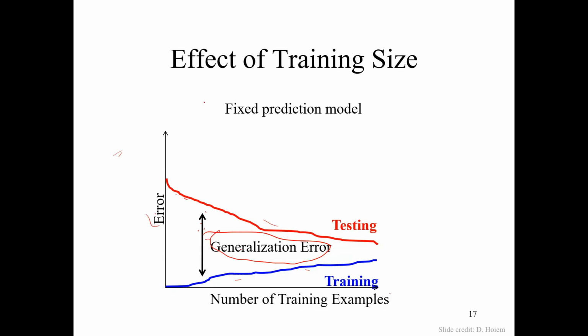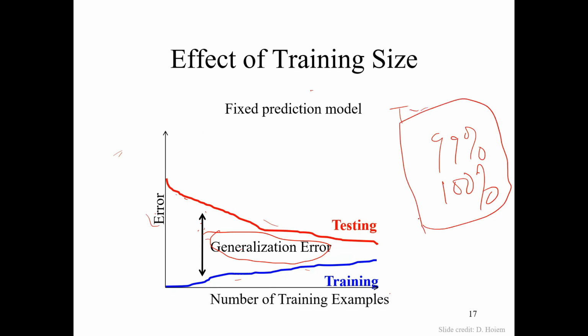We've also had a situation whereby the training performance was 99% and the testing performance was 100%. This is very rare. I've gotten this only one time in all my experience as far as machine learning is concerned.